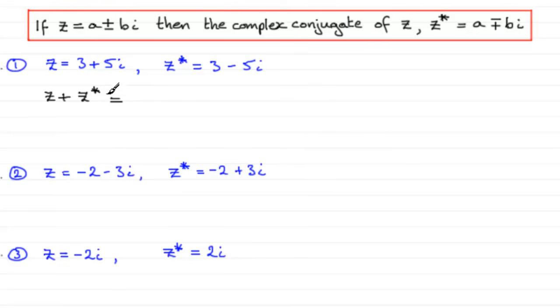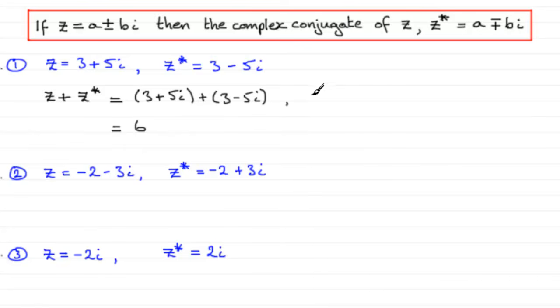Look, z plus z star, if we were to add these two together, 3 plus 5i plus 3 minus 5i, then what happens is the 5i's cancel one another out, and you've just got 3 plus 3, which is 6.